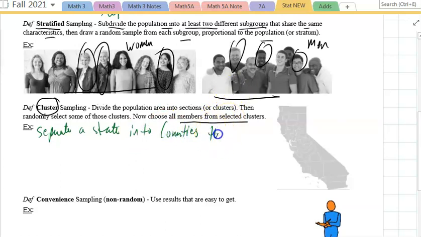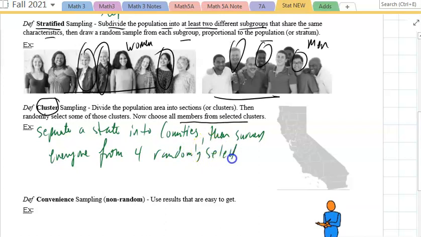Then we could survey everyone from 4 randomly selected counties. So if I break it into counties, I could choose, say, 1, 2, 3, 4. There you go.